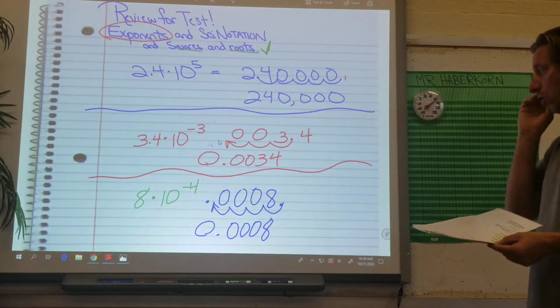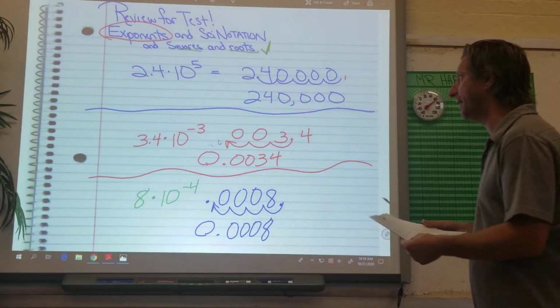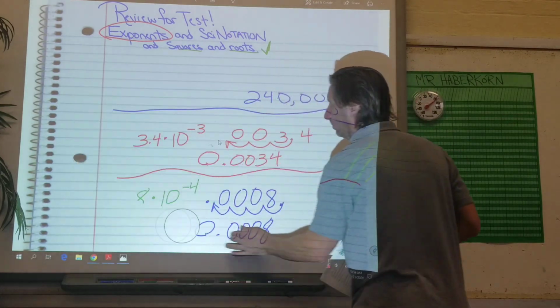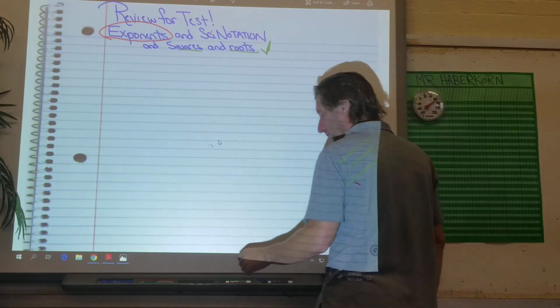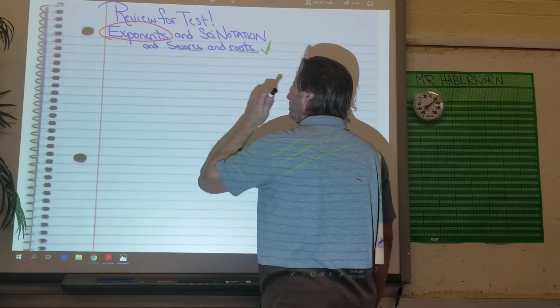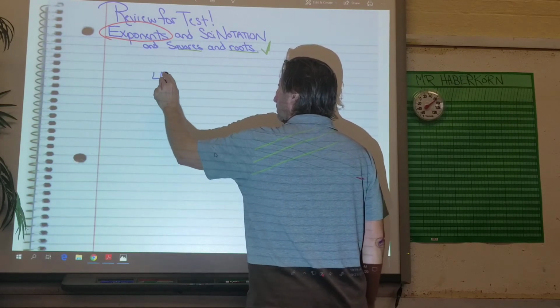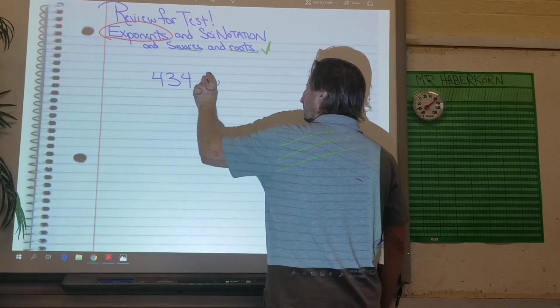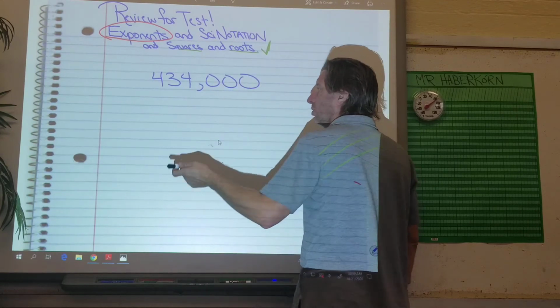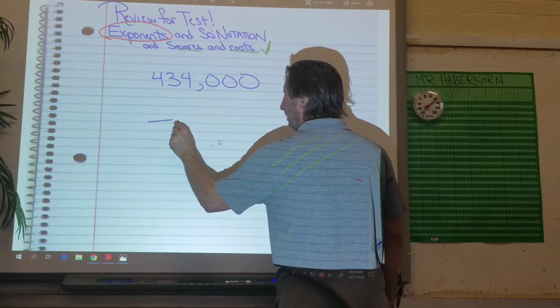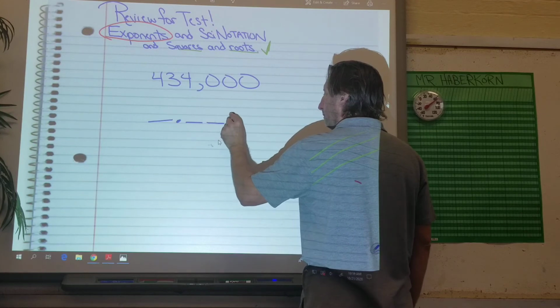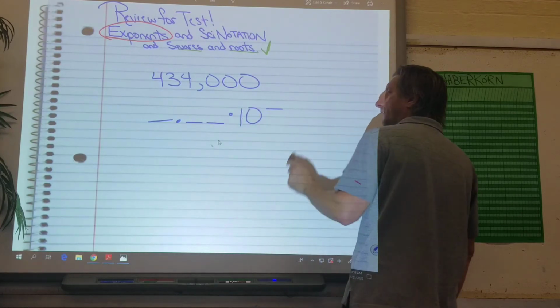All right, what about doing it the other way, changing it back? So we know scientific notation, blank dot blank blank times 10 to the something, right?